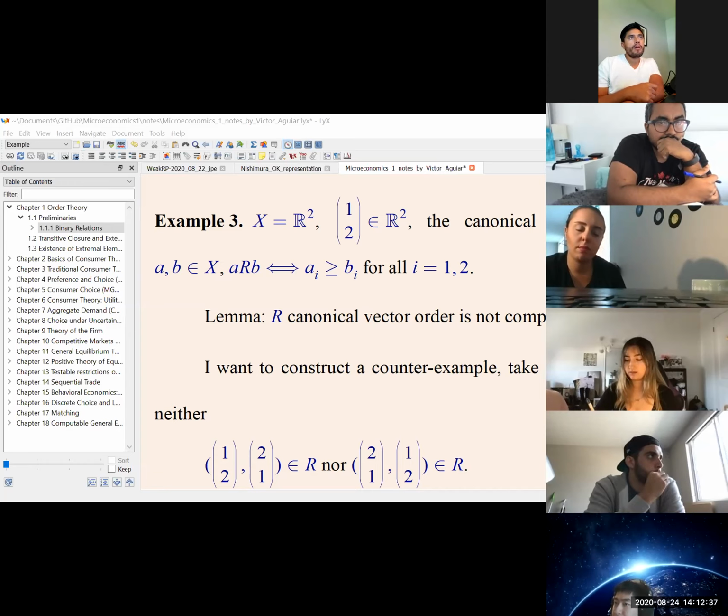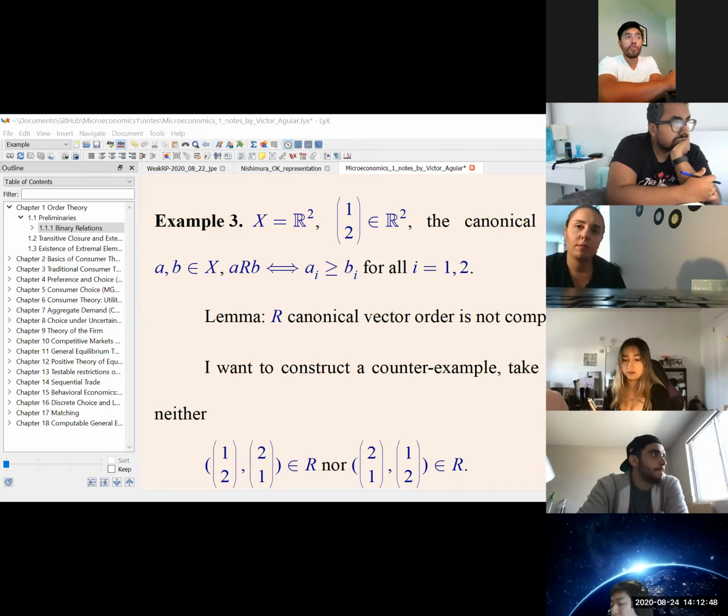First of all, tell me a quick sketch of how you will show that this canonical order on the vectors is transitive.